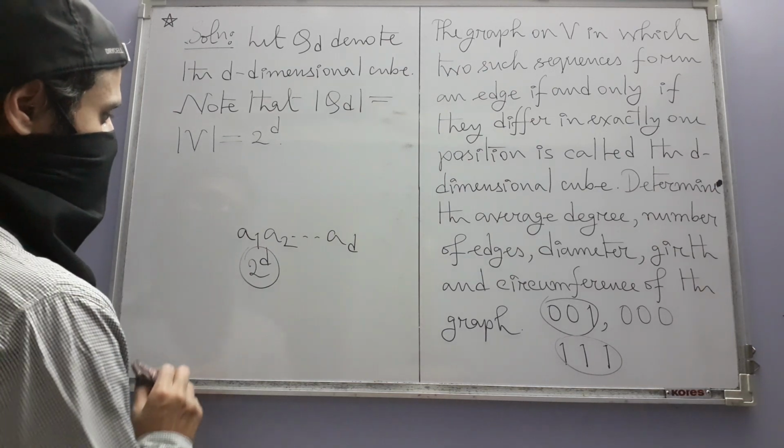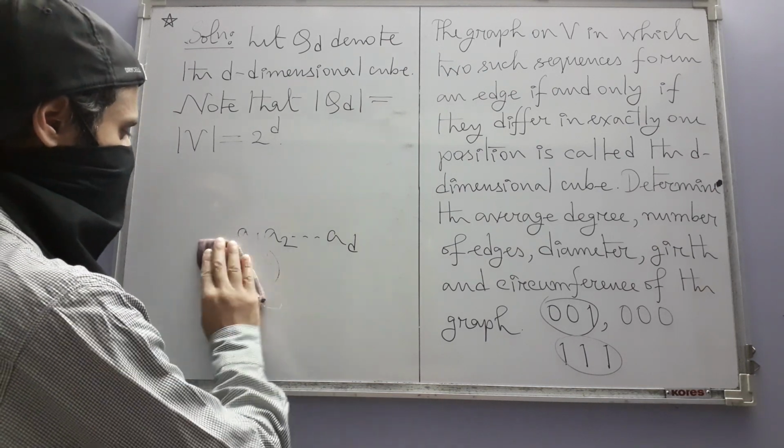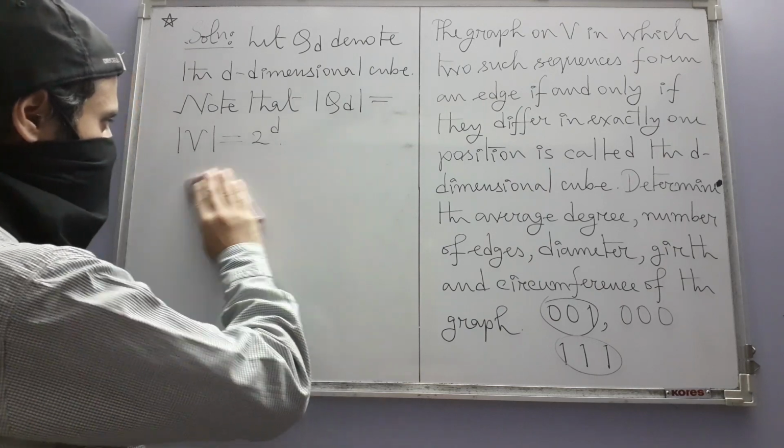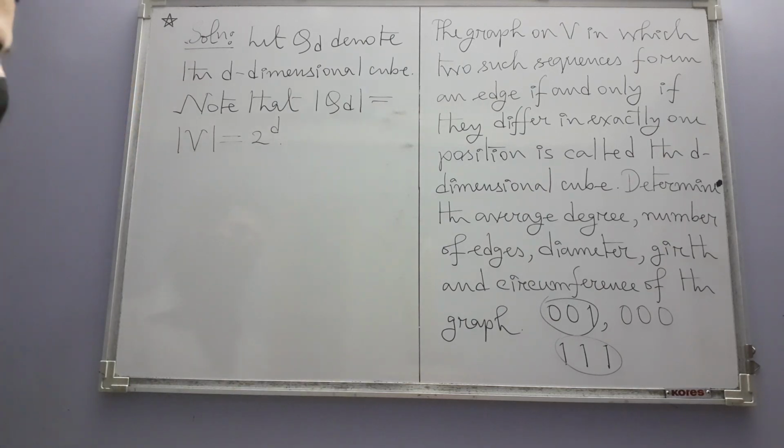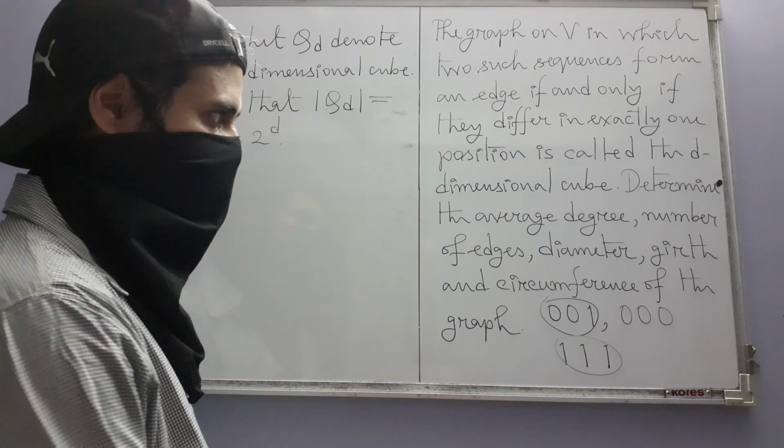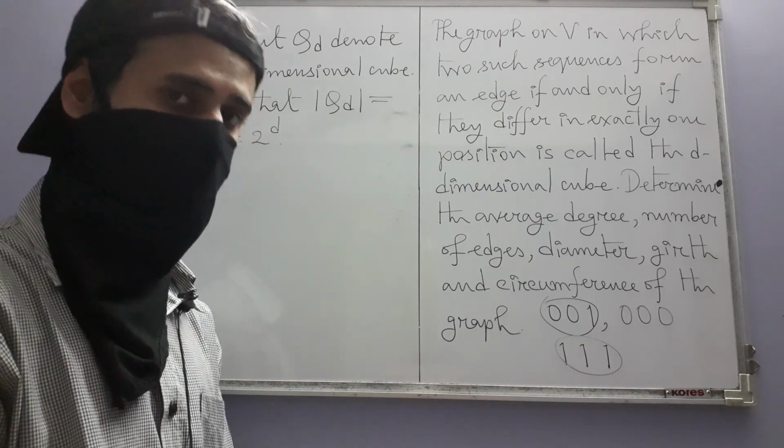Okay, now we want to calculate the average degree. For that, let's see what the degree of a single vertex is.